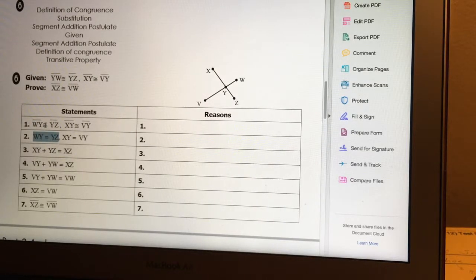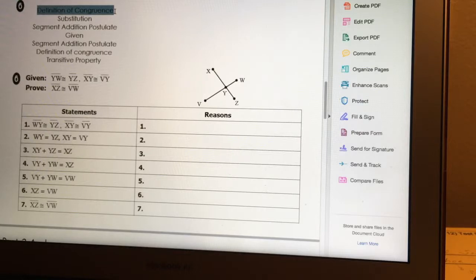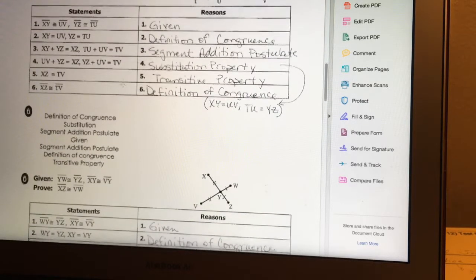Well, the congruent sign turned into an equals sign, and these changed into measures rather than the segments themselves. So what allows us to do that? If you don't remember, it is the definition of congruence that allows us to move back and forth between congruent symbols and equals, or equals to congruent symbols. So number 2 should be the definition of congruence.